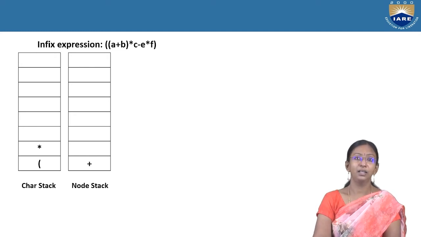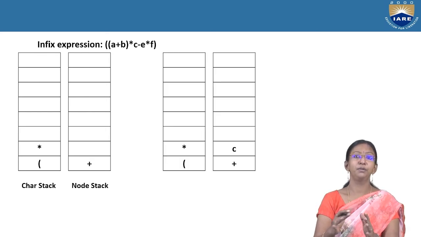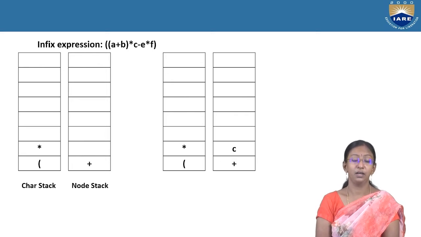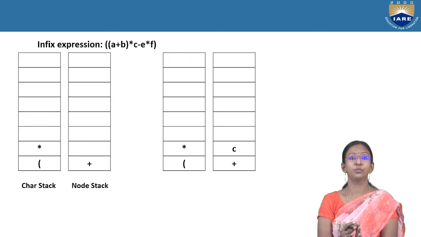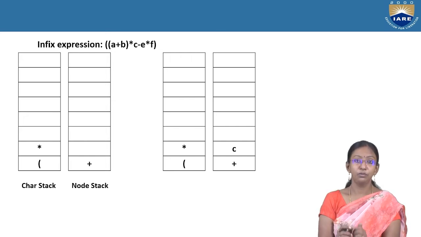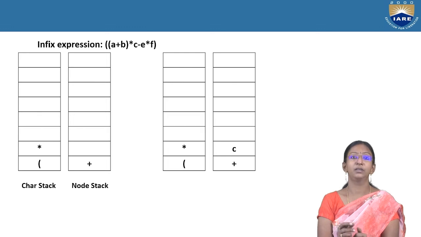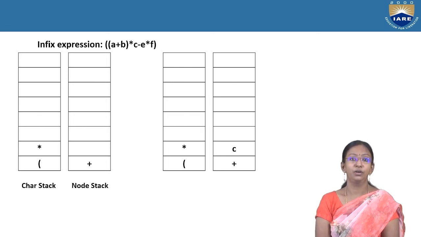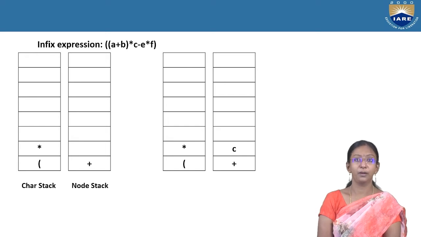Once it is done, the next token into consideration is C. As it is an operand, simply push it on top of the node stack. As I told you, all operands will go with the node stack. We know that there will be nodes. So C is pushed onto the top of the node stack.